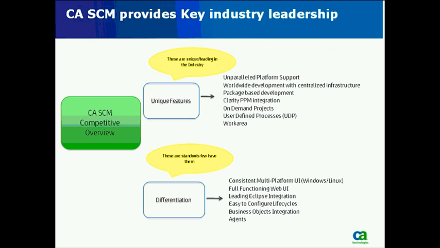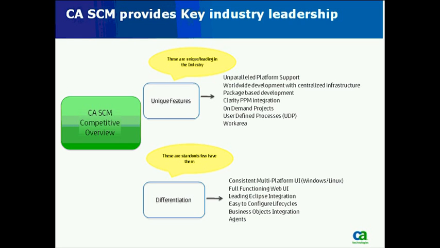So CA Software Change Manager continues to provide key industry leadership. And these are the areas where we either have unique features or we have differentiation with the competition. And a lot of you use CA Software Change Manager. These are key points as you talk about what your product does, or what our products do, in support of your process. The worldwide development and centralized infrastructure is a key unique feature, if you will.